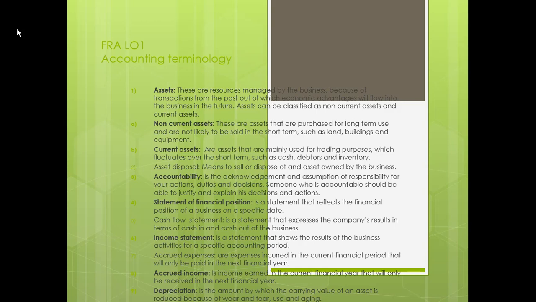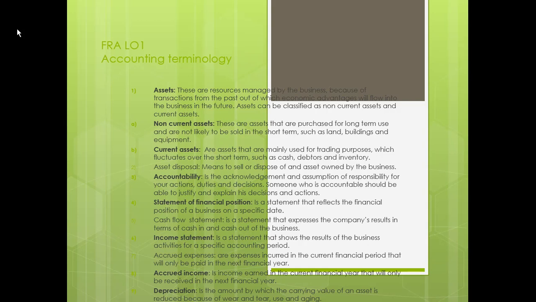Non-current assets are those assets which are purchased for long-term use. In other words, these are the fixed assets for the business. This includes land and buildings, equipment, motor vehicles, etc.